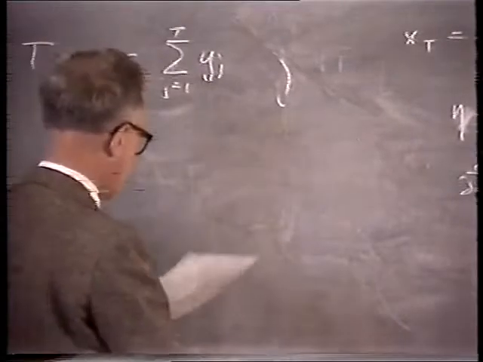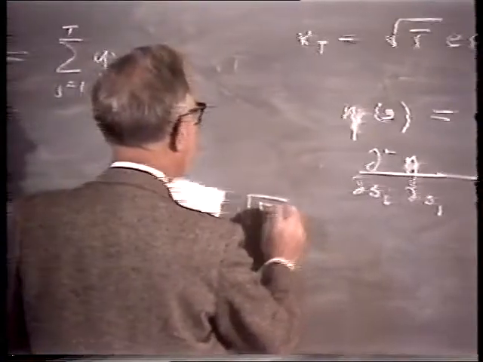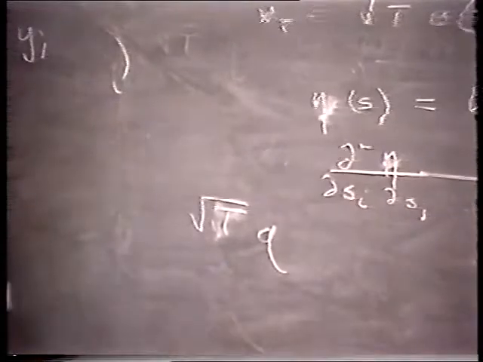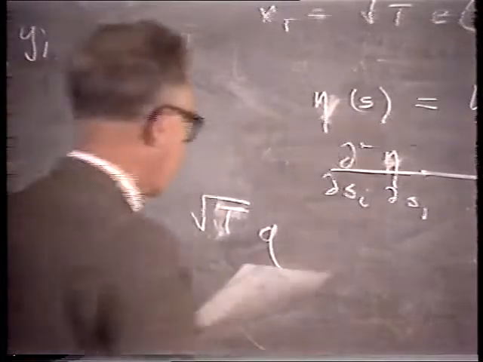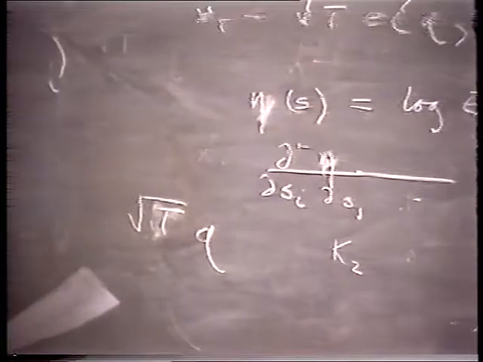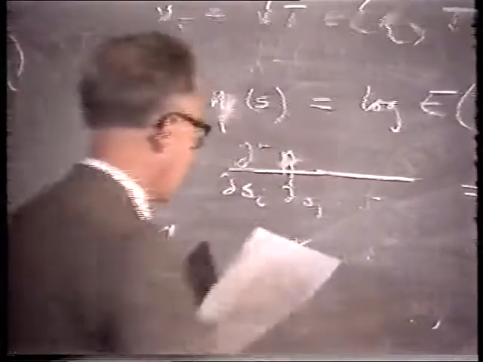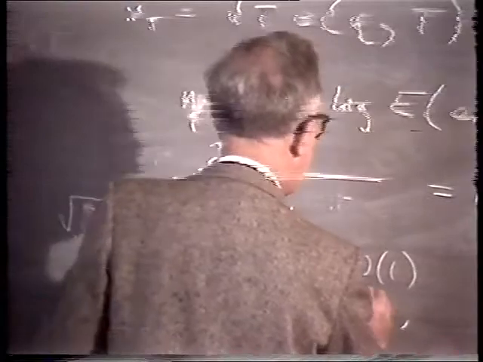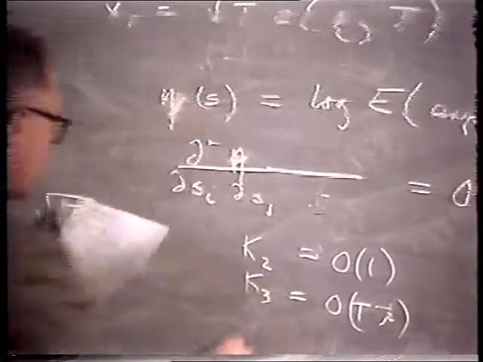another way of putting this is the following, that now if you look at the cumulants of square root of T times q, which you remember is the thing which has the asymptotic distribution, and call them kappa 1, kappa 2, etc., then you have the property that kappa 2 is finite, because square root of T times q has finite variance, that kappa 3 is O(T to the minus a half), kappa 4 is O(T to the minus 1), and so on.